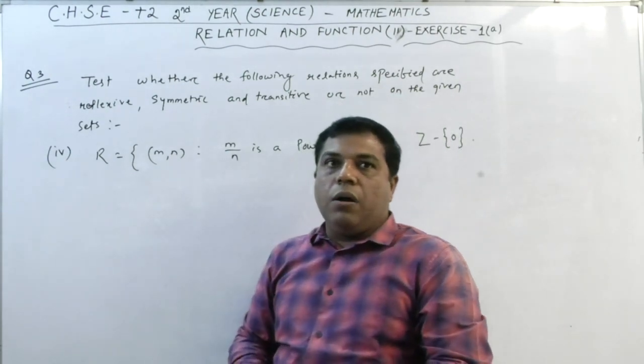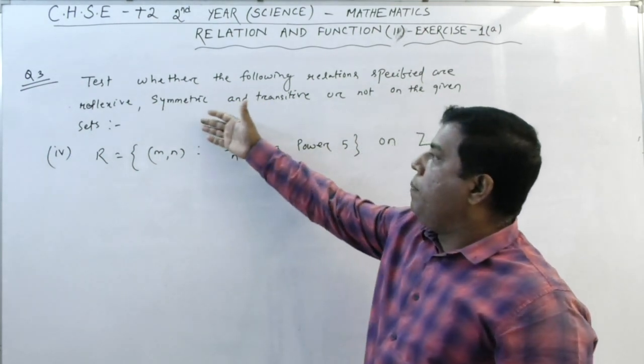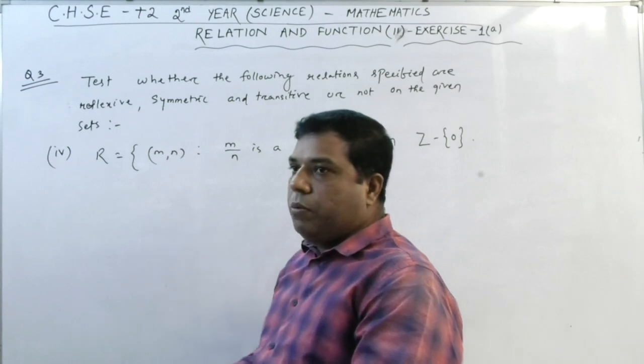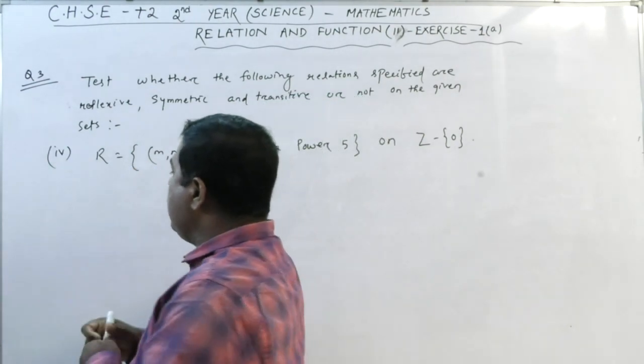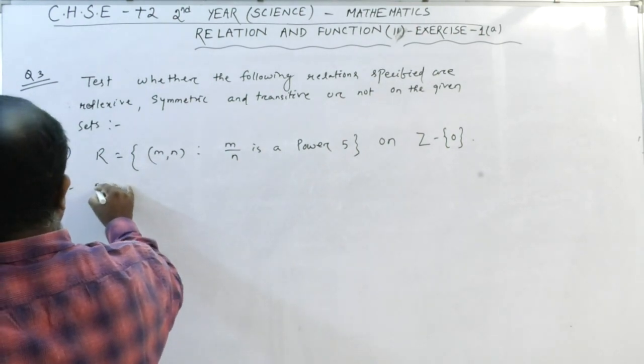So we have to check whether this type of relation is reflexive, symmetric and transitive. So that we have to check out.